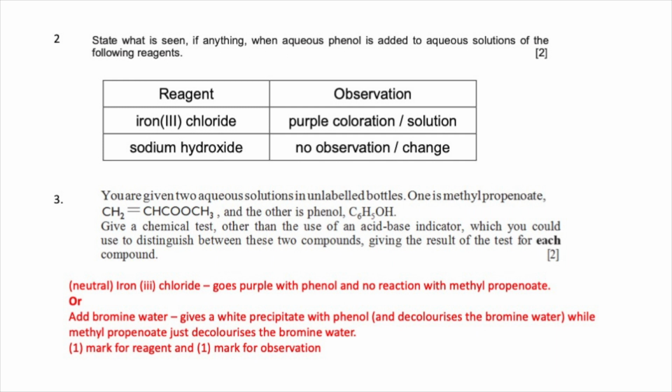Now the alternative to this is to add bromine water, and phenol will give you a white precipitate. It will decolorize the bromine water as well, but you get a white precipitate. While methyl propanoate would just decolorize the bromine water because it's got a carbon-carbon double bond, and it will not produce a white precipitate. So there's 1 mark for the reagent and 1 mark for the observation.